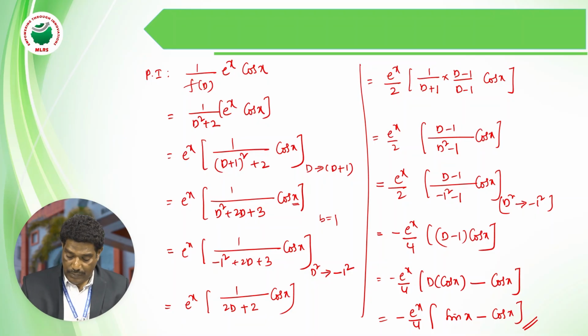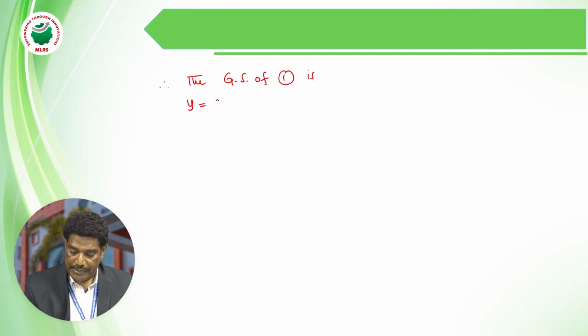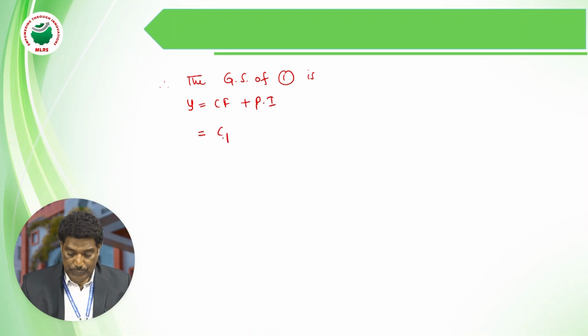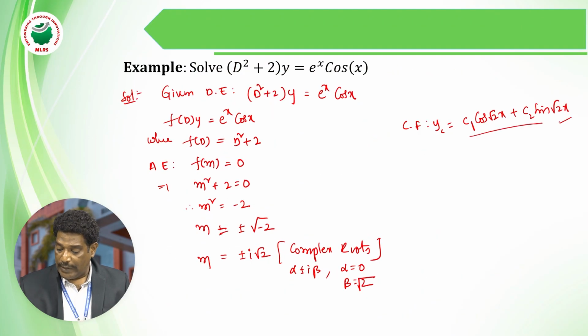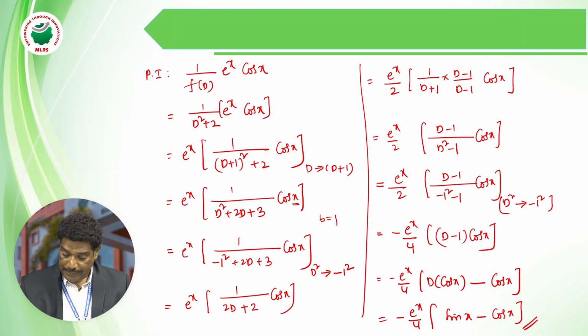After finding the particular integral, now the general solution. Therefore, the general solution of 1 is y equals CF plus PI. That CF is C1 cos root 2x plus C2 sin root 2x. Now plus PI. What is the PI?